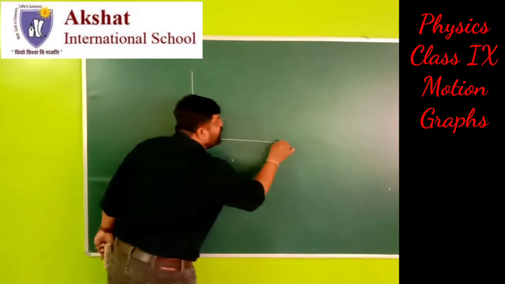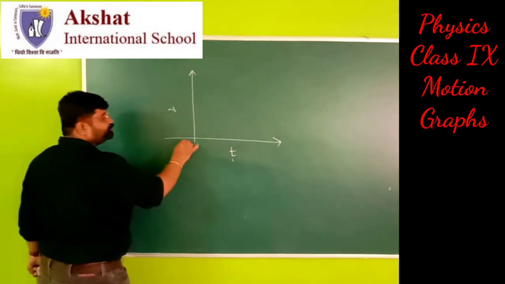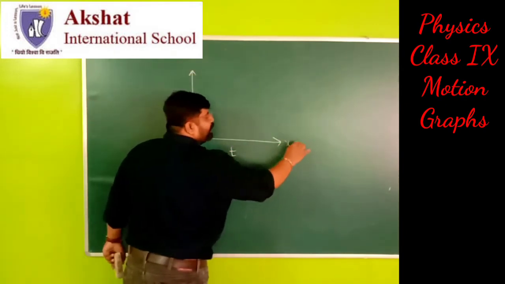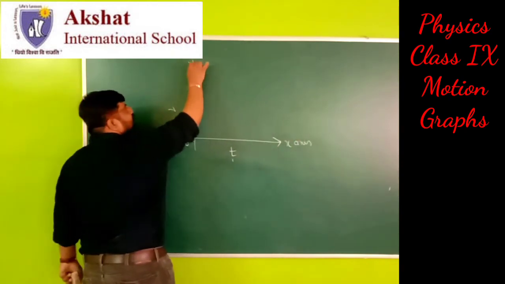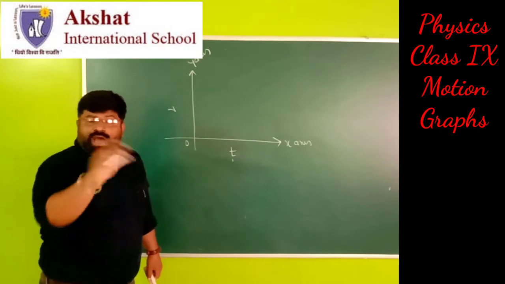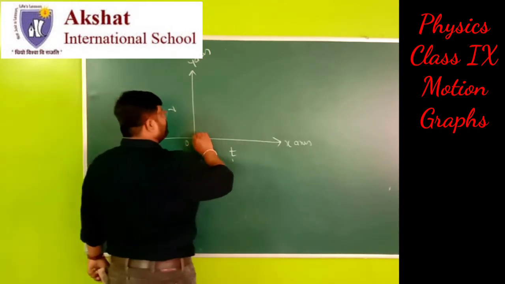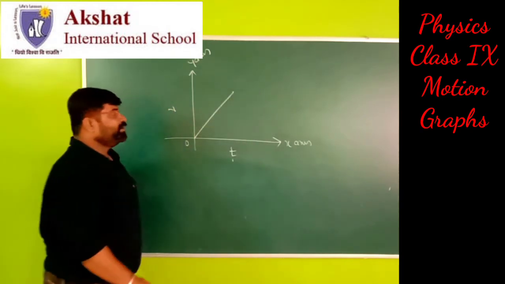Suppose I again have a velocity time graph. Again, this is our x-axis, this is our y-axis. Now if the object is moving with uniform acceleration, suppose this is the graph.